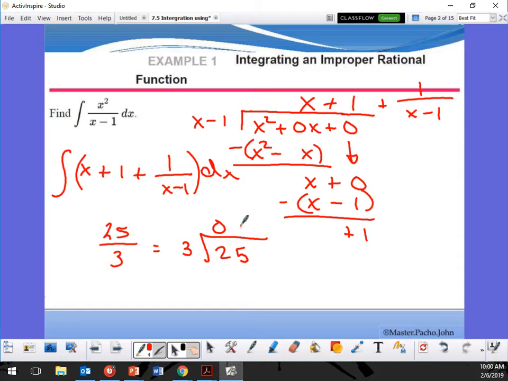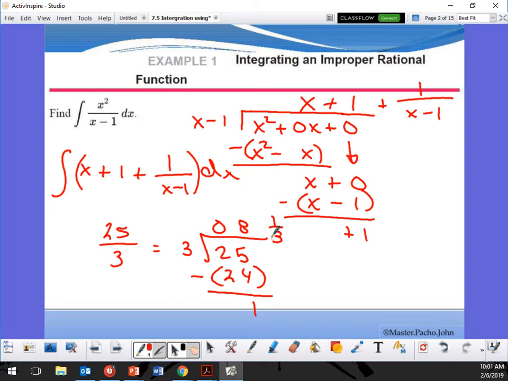That's going to be 8. 8 times 3 is 24. But what am I doing with that? I'm subtracting it, and that leaves me with 1. That would be my remainder, so that's 1 over 3. So that's 8 and 1/3.